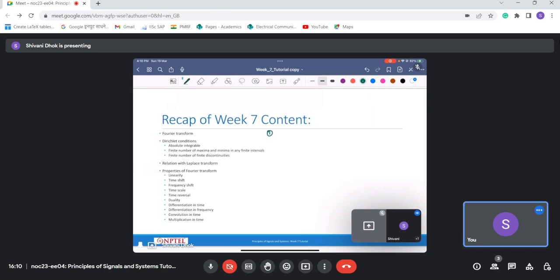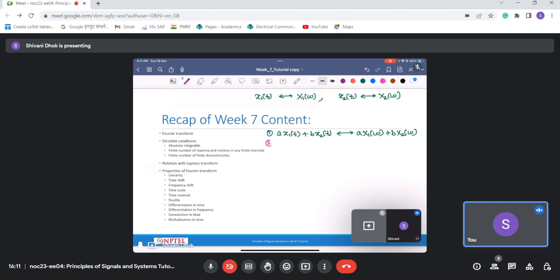It says that if x1 of t has Fourier transform x1 of omega and x2 of t has Fourier transform x2 of omega, then a x1 of t plus b x2 of t has Fourier transform a x1 of omega plus b times x2 of omega.